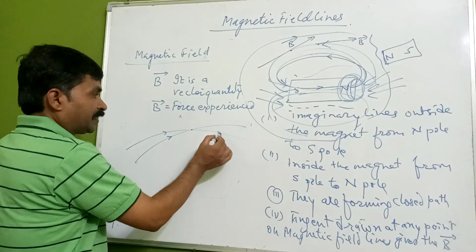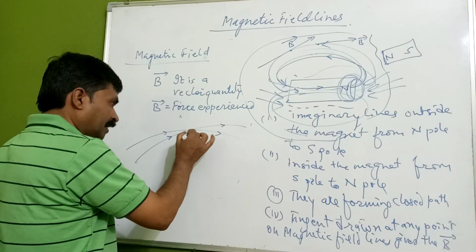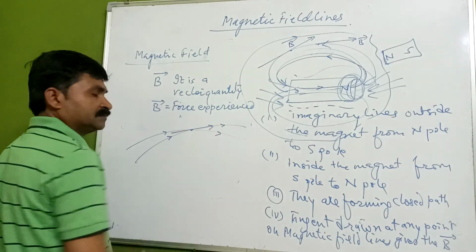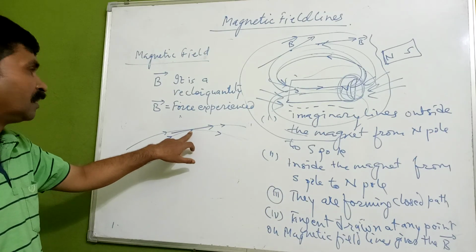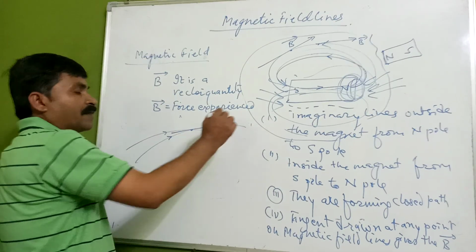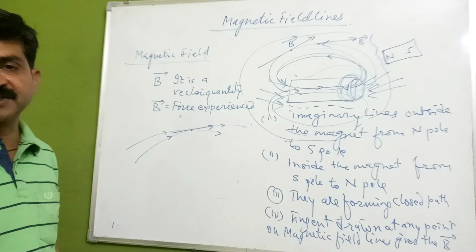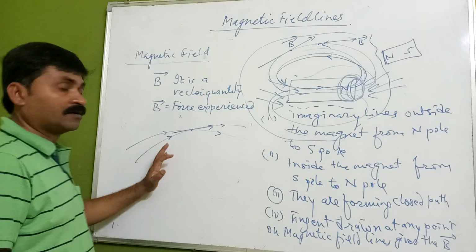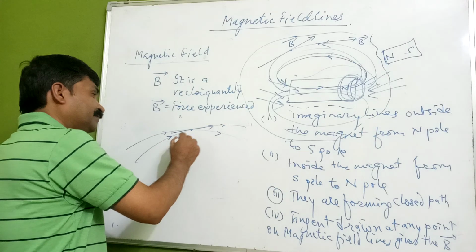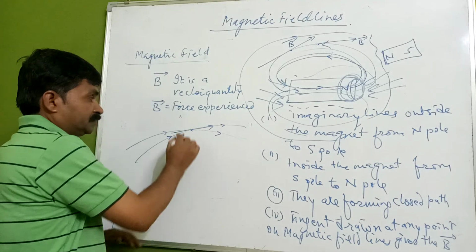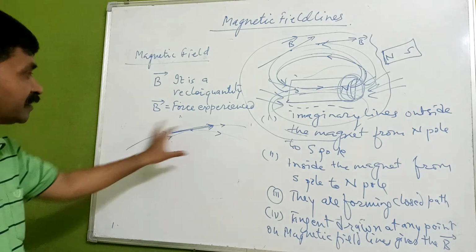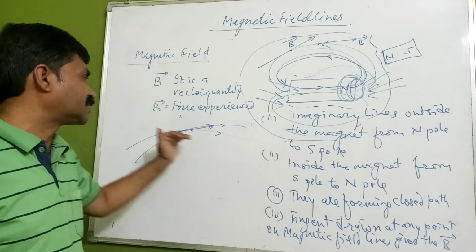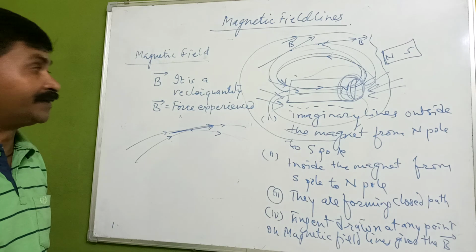If we draw a tangent here, what will we get? We will get only one direction of the magnetic field, which cannot happen. It gives you only one direction.